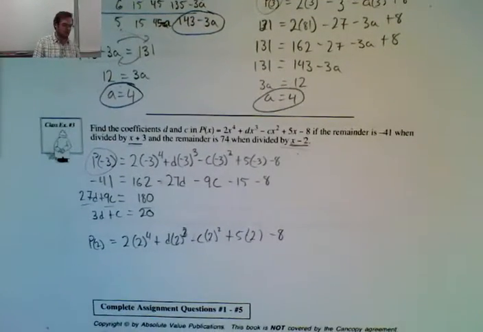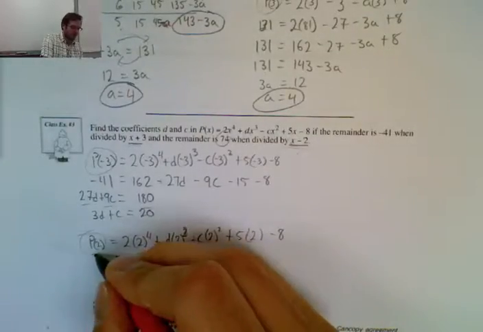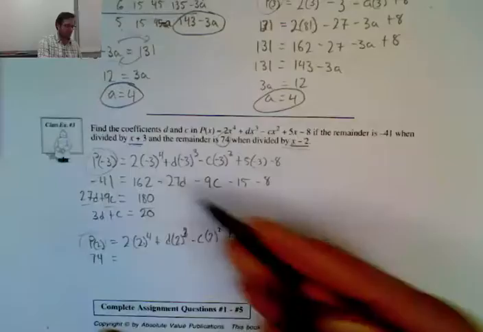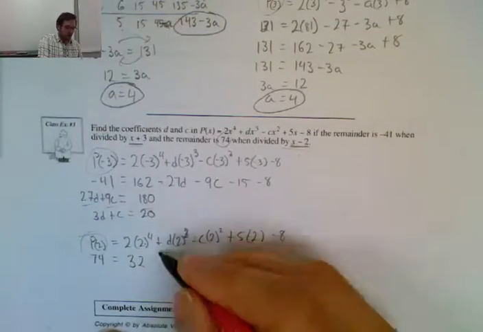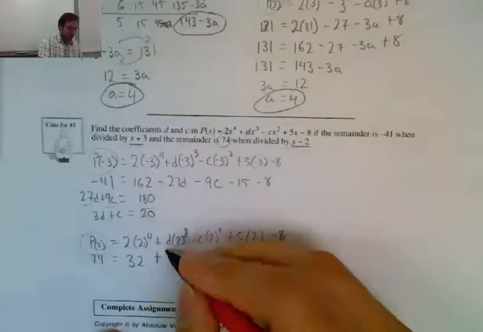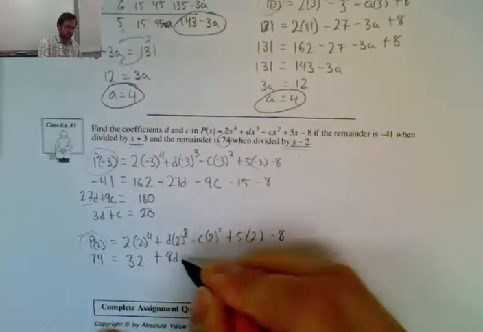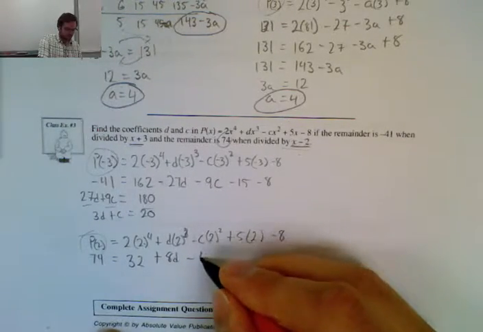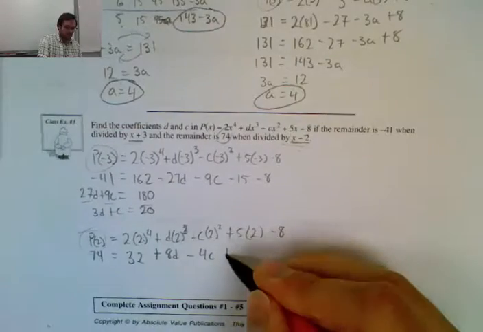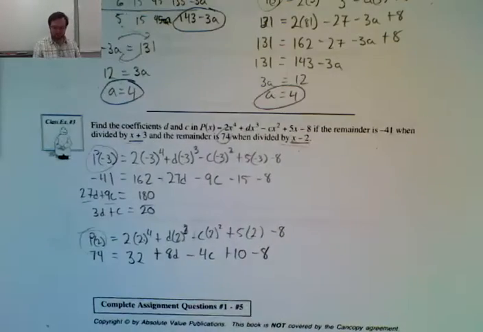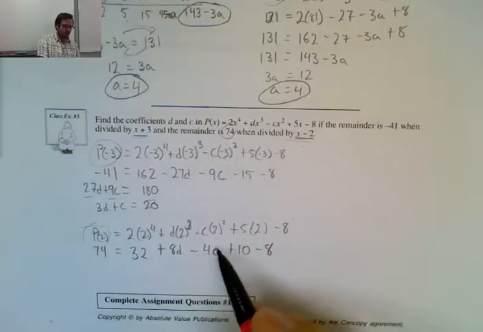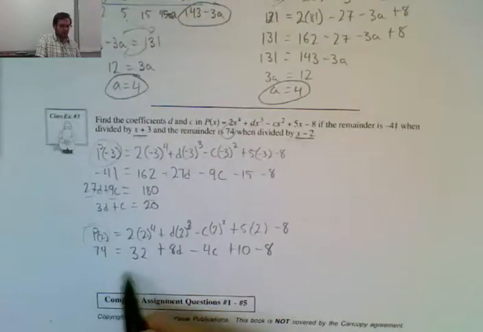Okay? Now continuing on with this, we know that for this function the remainder is 74, so we can plug in my remainder, thanks to a nice little remainder theorem. 2 to the power of 5, because it's just one more, is going to be 32. And we're going to have plus 8d minus 2 squared is going to be 4c. And then we're going to have plus 10 minus 8. Okay? So now we're just going to simplify everything here. I am going to end up putting all of my variables on that side and all my numbers on this side.